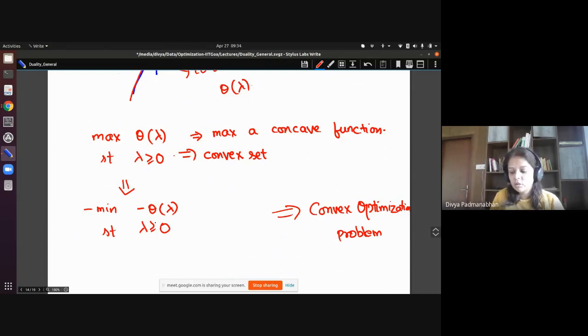So the KKT conditions become sufficient for convex optimization problems, and that's why this is a nice thing to have. One thing to remember is still, convex optimization problem doesn't mean that it's always going to be easy. This is something we saw when we talked of convex problems in the initial part, and that is something that you should remember.